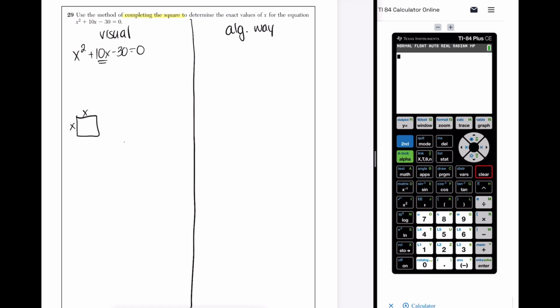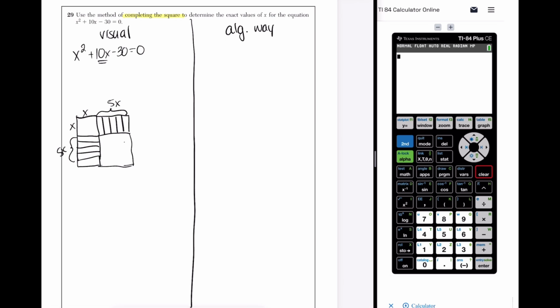Because I have 10, I'm going to split it in half. So I'm going to have 5 of them here, 1, 2, 3, 4, 5. And I'm going to put half of them here, 1, 2, 3, 4, and 5. Okay? So this is 5x, and this is 5x. And now I just need to figure out this part over here to finish the square.